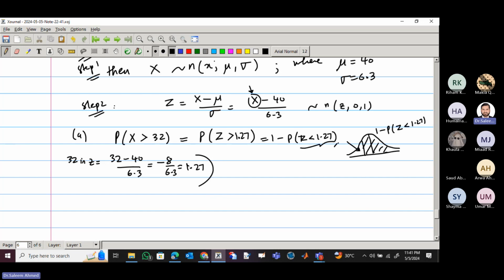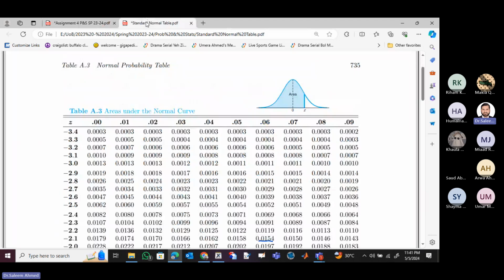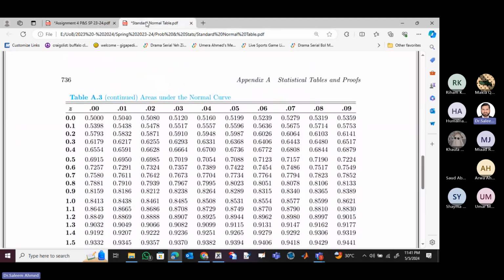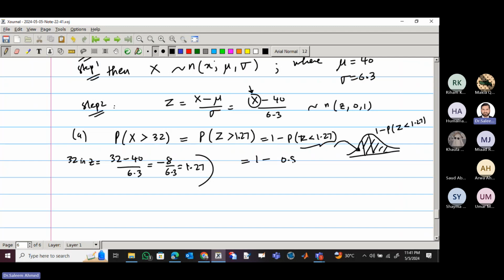I will subtract it from 1. So 1.27 is down there. Go to 1.2, and 7 is the 8th column. 1.27 gives 0.8980. Subtract from 1, and you get the answer.